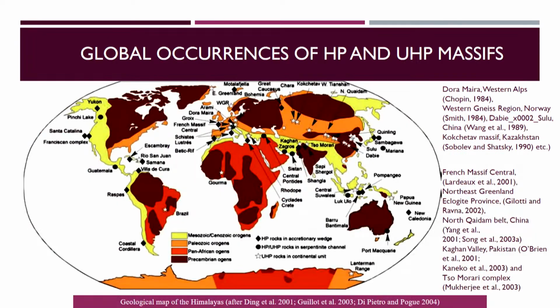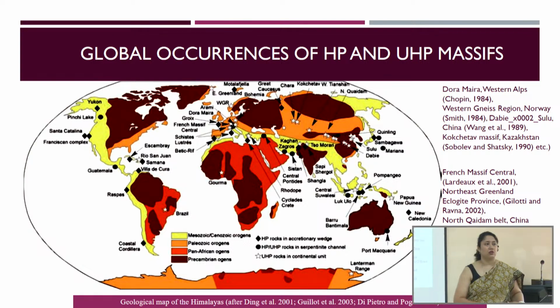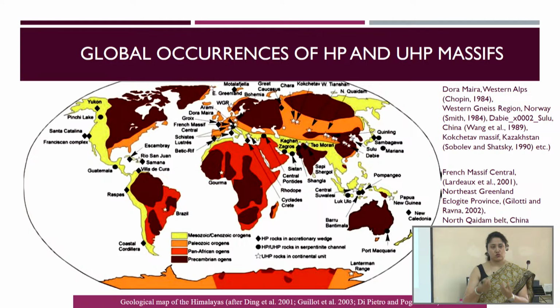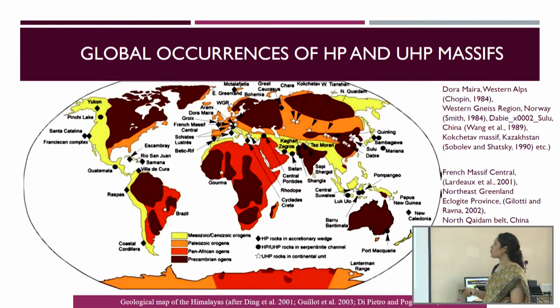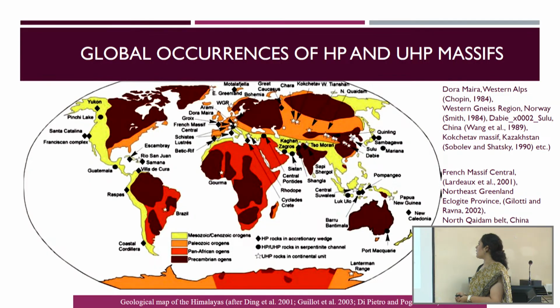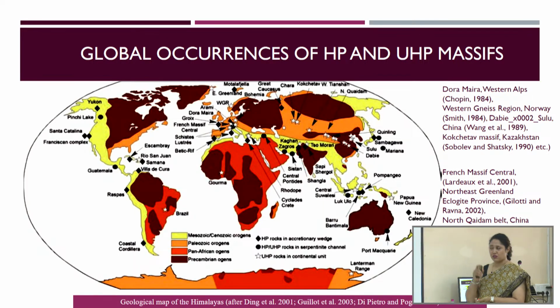Okay? If you look at the global occurrences of course, I think it was in 1953 that coesite was first found in natural rocks. Okay, so it was experimentally tried before that, and of course subsequently, but Coes was the first one who identified coesite. I think that was in the Western Alps in Dora Maira. I'm not extremely sure where he found the first.